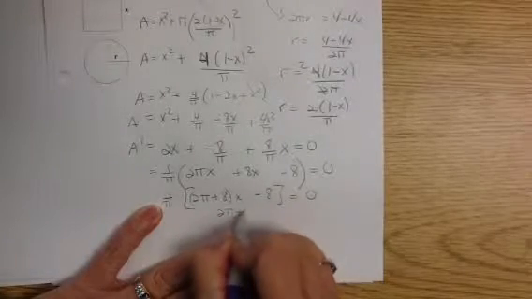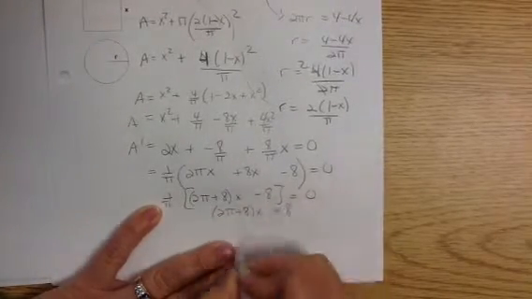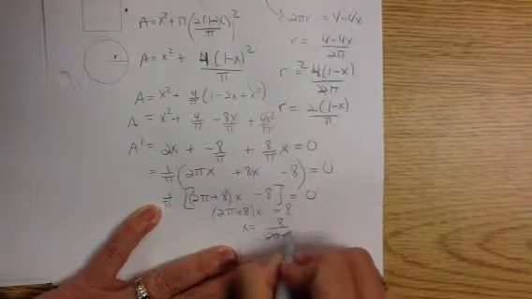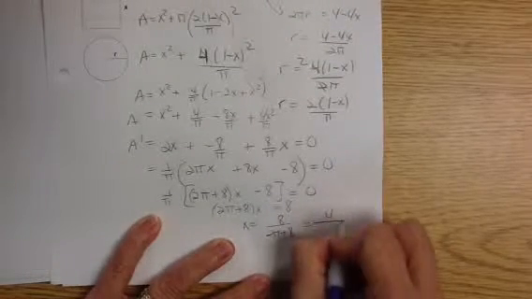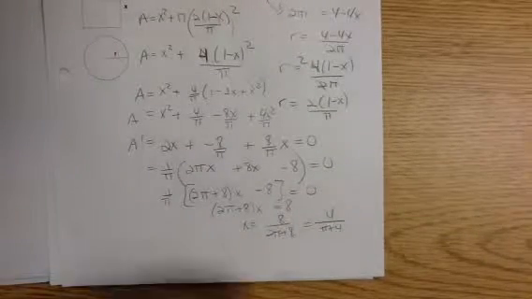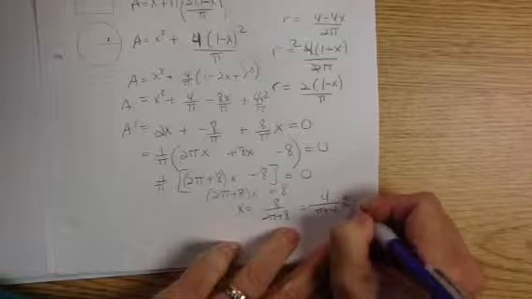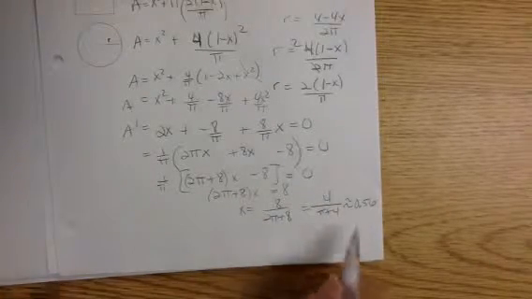So I take 2 pi plus 8, set it equal to 8, and x is going to be 8 over 2 pi plus 8. And I could reduce that to 4 over pi plus 4. So there is my x value. That is an ugly number, which is about 0.56.